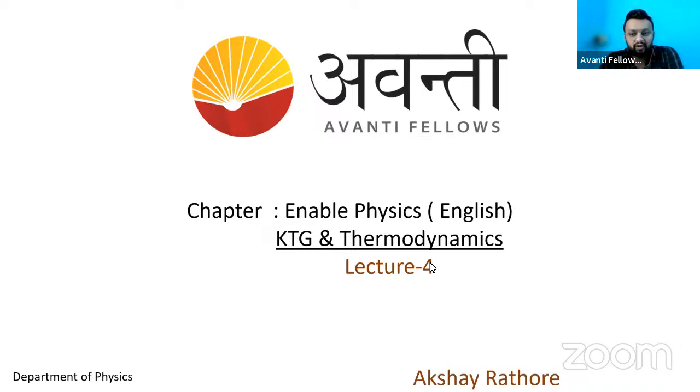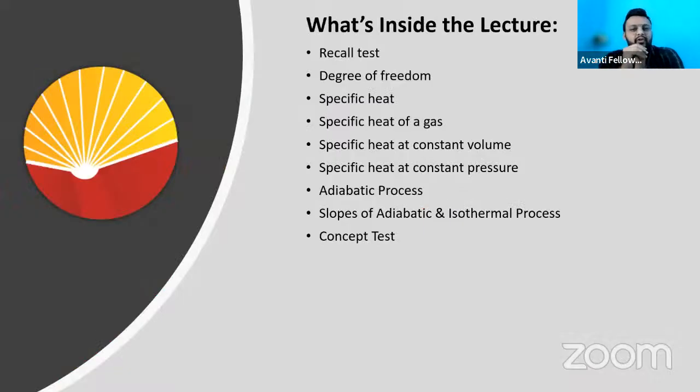So first of all, let's see what we are going to study in today's lecture. First of all, there will be a very small recall test. Then there will be some definitions and important concepts like degree of freedom, specific heat, then specific heat for a gas at constant volume and constant pressure.